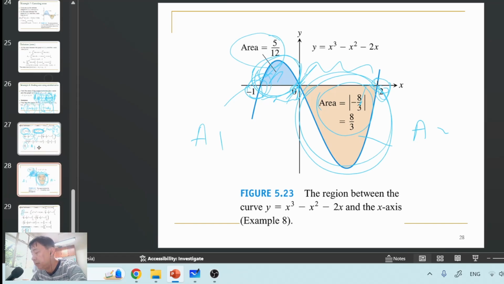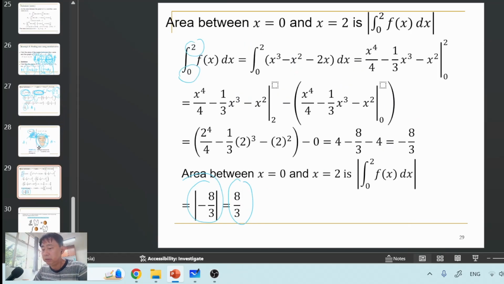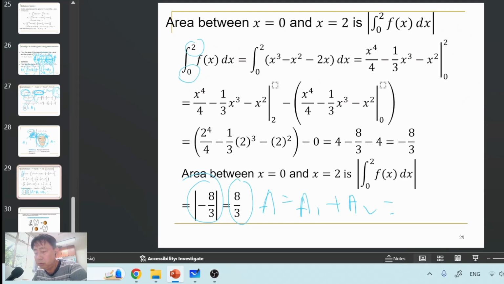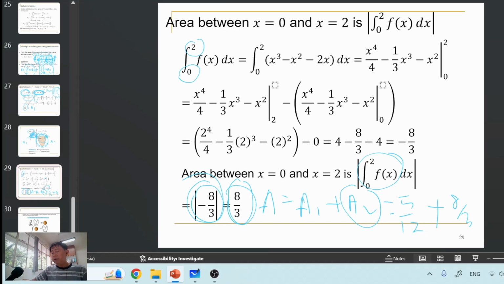Therefore, you sum up the values of the integrations for A1 plus A2. That will give you the total area. So A1 is given by 5 over 12, whereas A2 is the absolute value of the integration of the function between 0 and 2, which turns out to be 8 over 3, where 8 over 3 is the absolute value of negative 8 over 3, where negative 8 over 3 is the result of the definite integration of the function in the negative region.